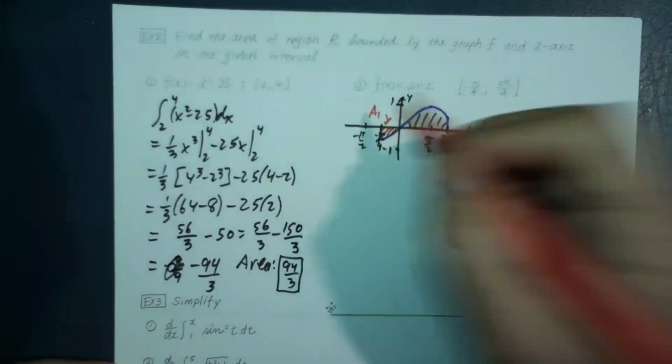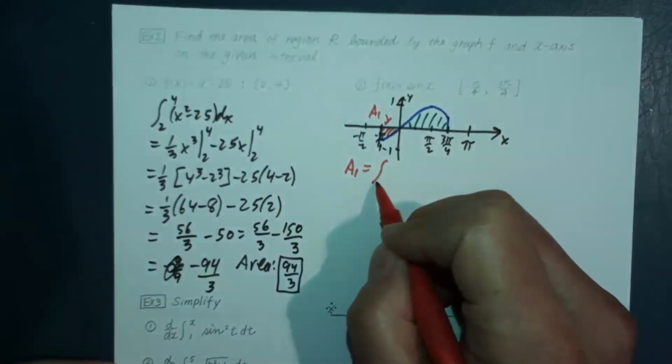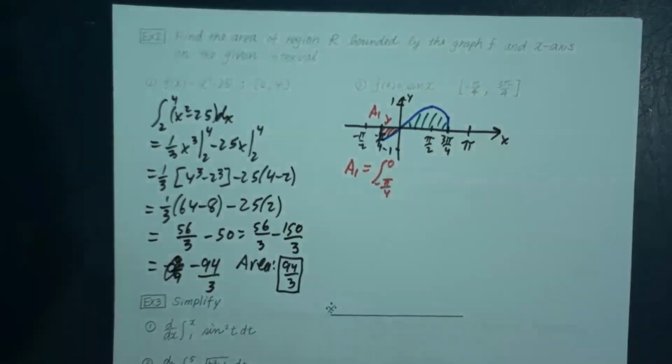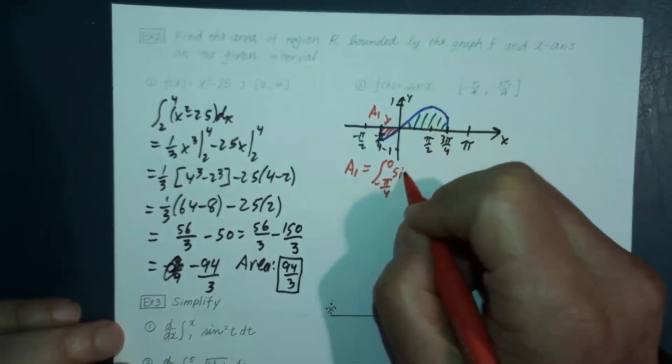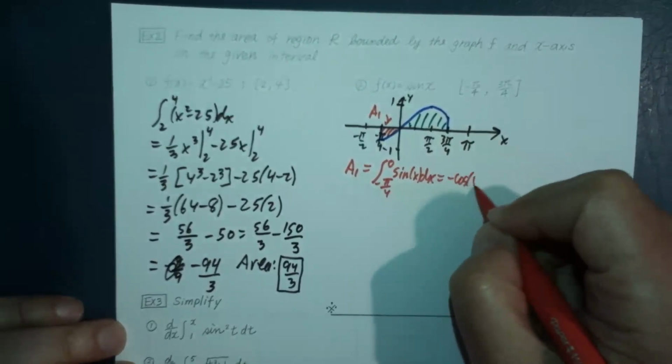So I'm going to call this area 1. Area 1 is going to be the integral from negative pi over 4 to 0 of sine x dx, which is negative cosine x.